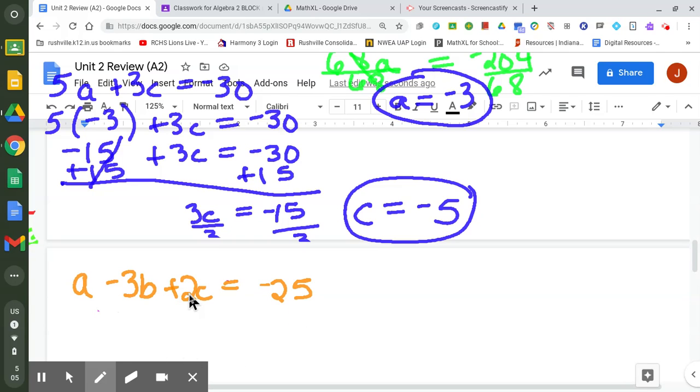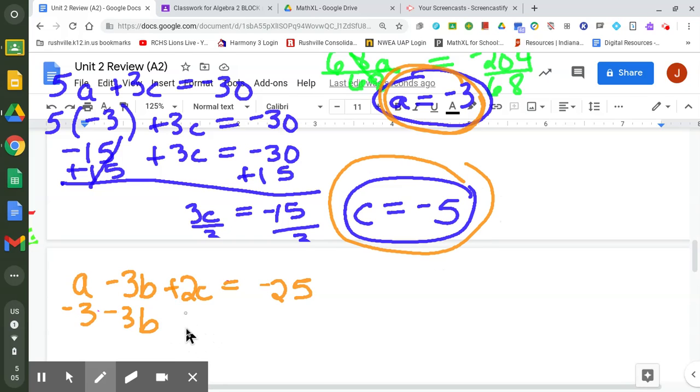And so I know that the a is negative 3, so I can put a negative 3 in for a, minus 3b, and I know that c is negative 5, so I can put plus 2 times the negative 5 equals negative 25. Try to finish it over here.